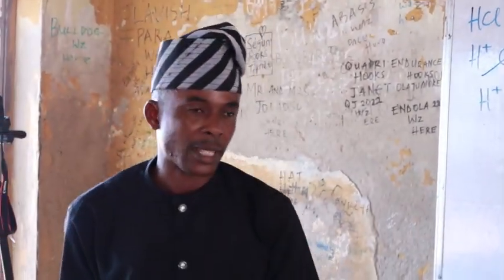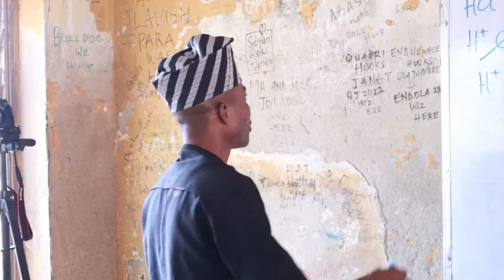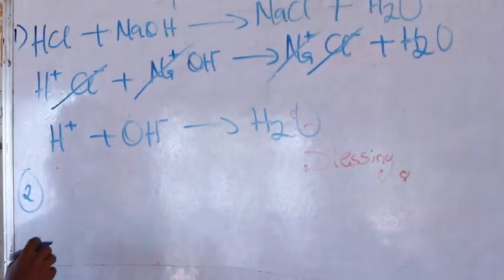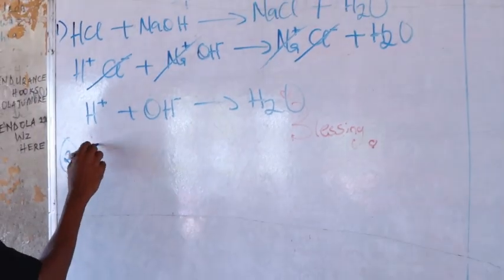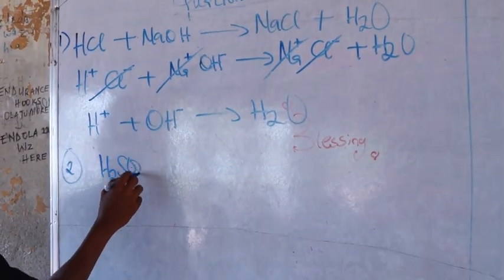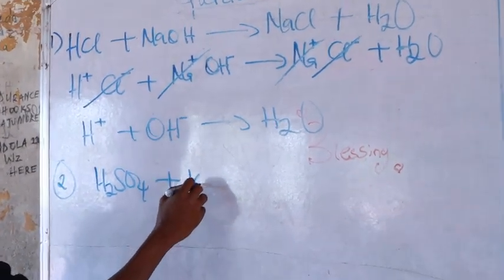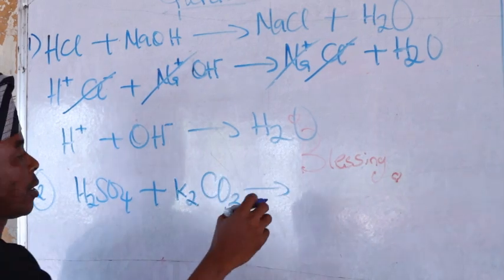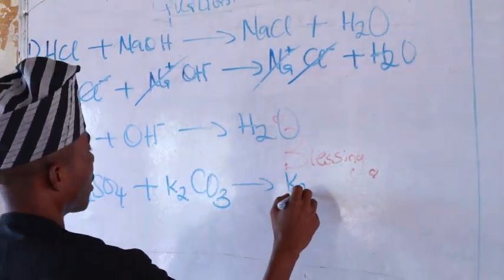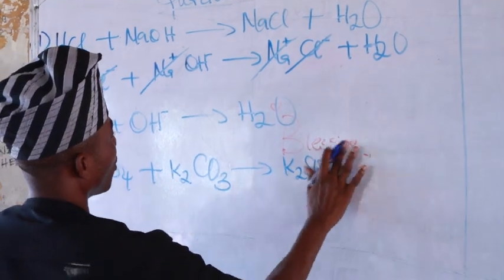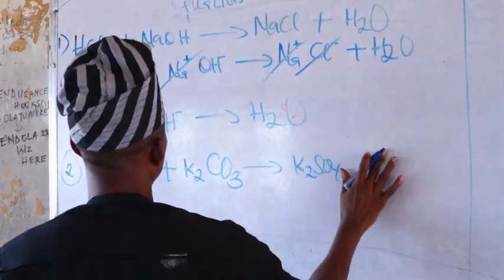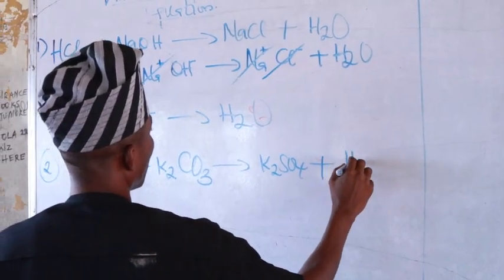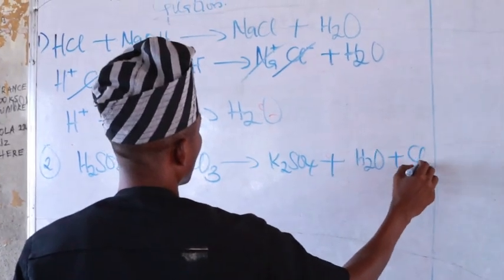So let us have another example. This is 1, this is 2. Next we have H2SO4 plus K2CO3 to give K2SO4 plus H2O plus CO2.